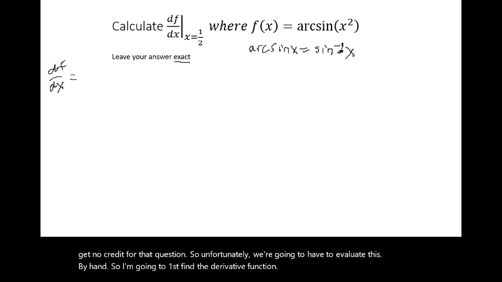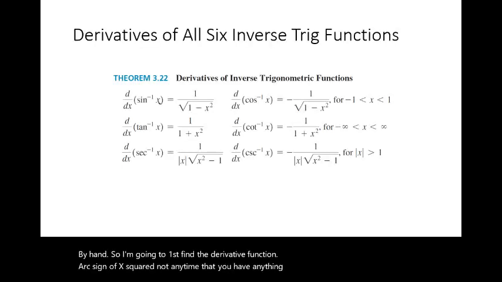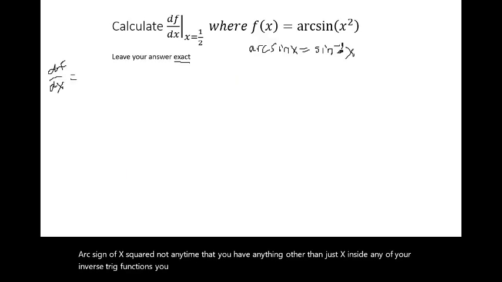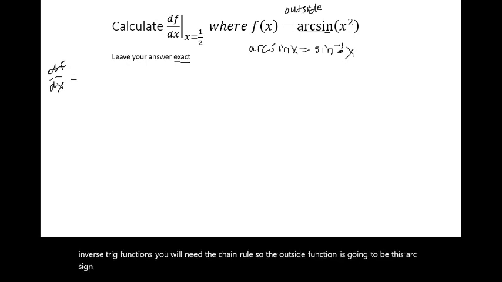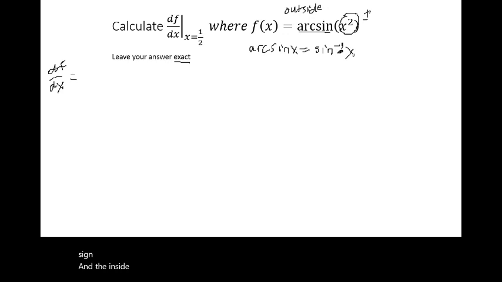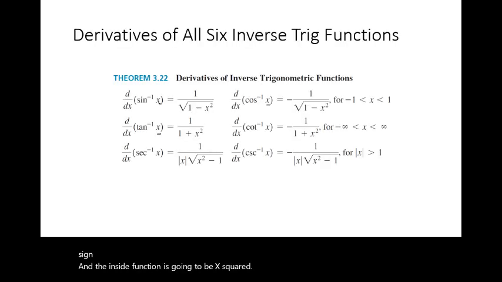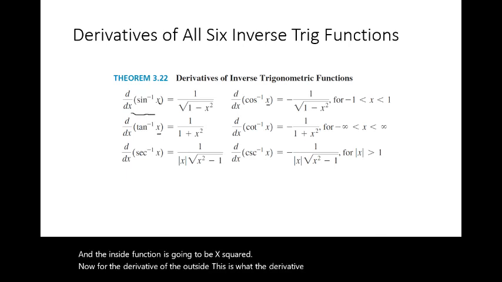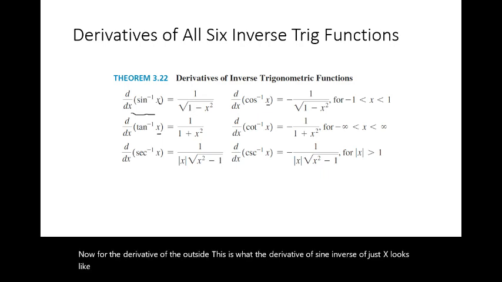Now, anytime that you have anything other than just x inside any of your inverse trig functions, you will need the chain rule. So the outside function is going to be this arcsine, and the inside function is going to be x squared. Now, for the derivative of the outside, this is what the derivative of sine inverse of just x looks like. So the derivative of sine inverse of just x is going to be 1 over square root of 1 minus x squared.